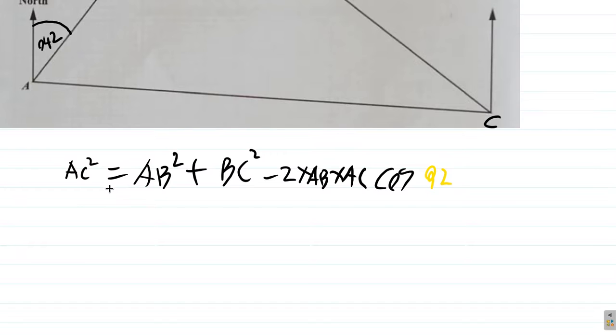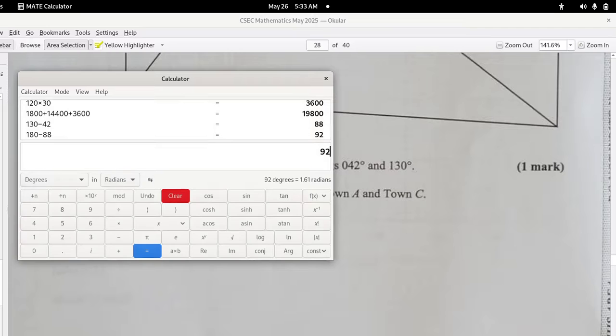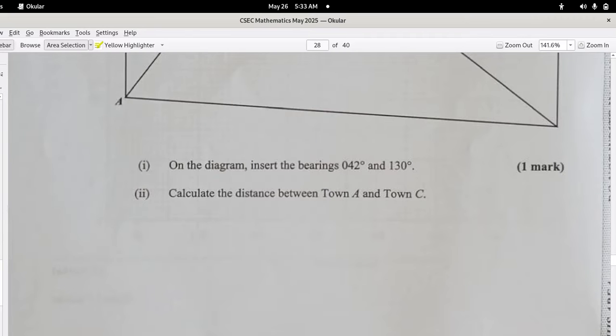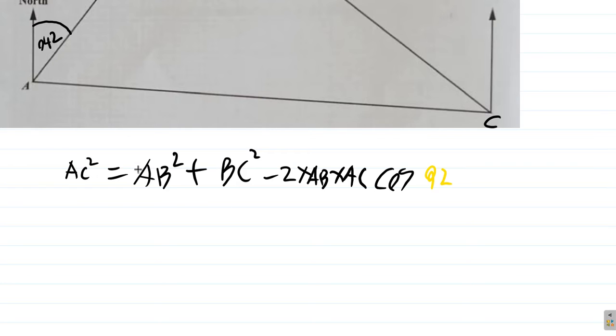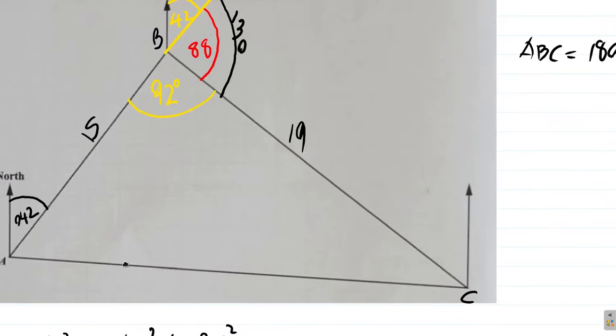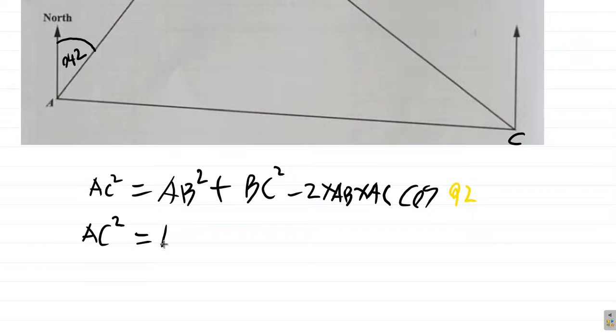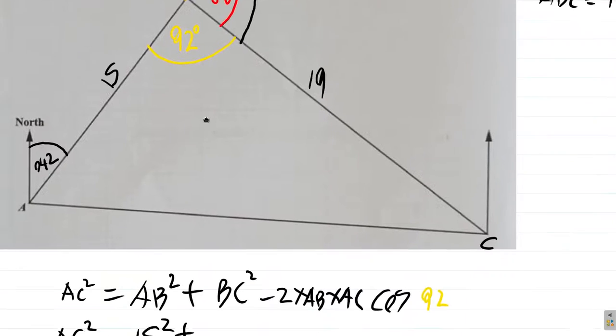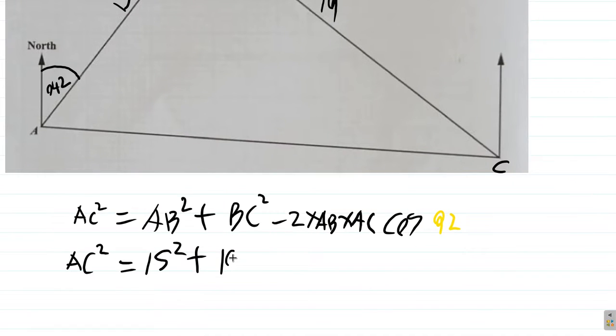And what they say again, calculate the distance from town A to town C, right, which is AC. So in this case, AC squared is equal to AB squared, which is 15 squared, plus BC squared, which is 19 squared, minus 2 times 15 times 19 cos 92.